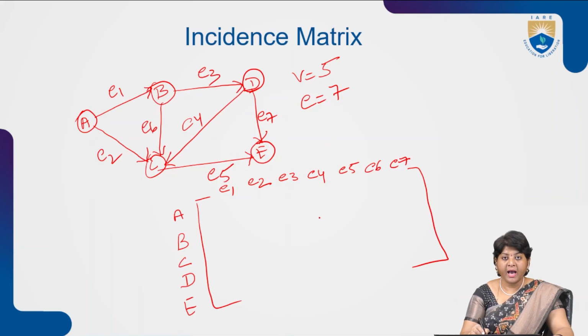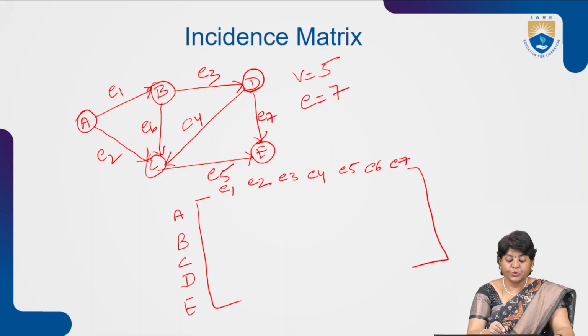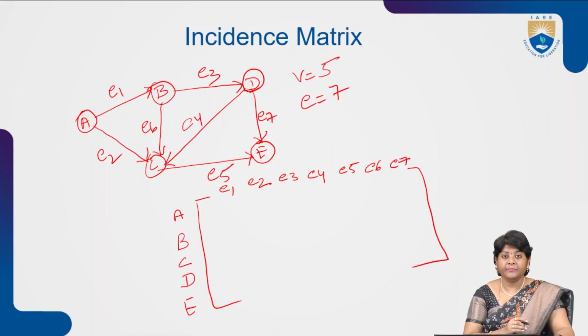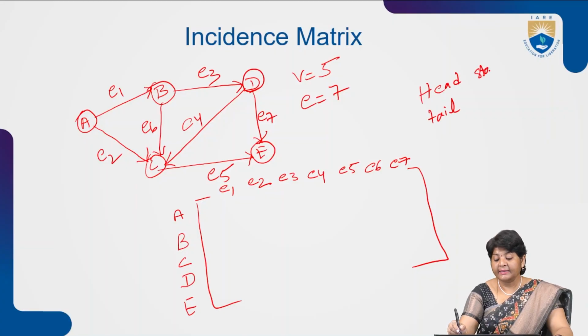Now we will mark the connections, how they are connected with each other. Since this is a directed graph, A is connected to B with an outward projection. That is, we can say a vertex can act as head or tail, or we can say starting vertex or end vertex.